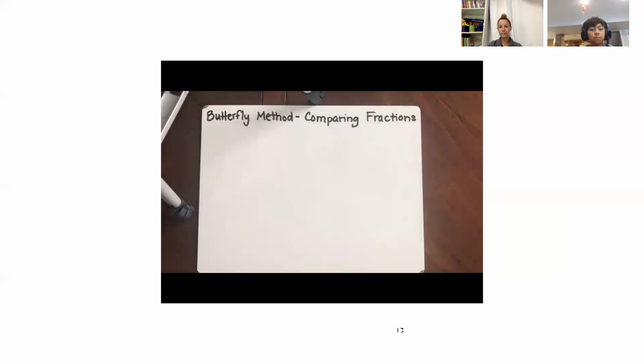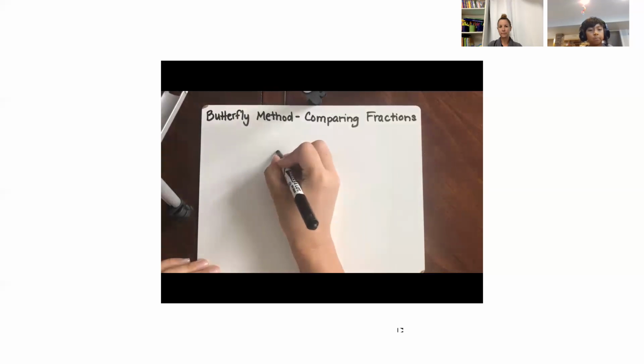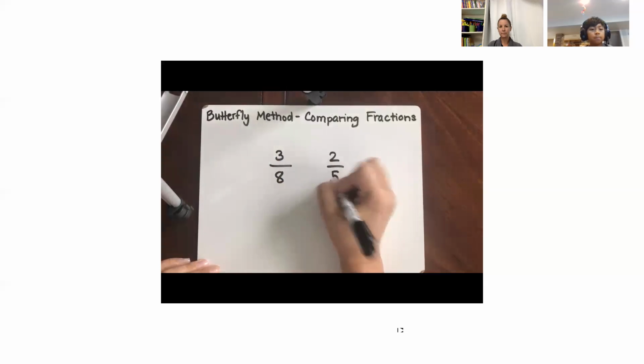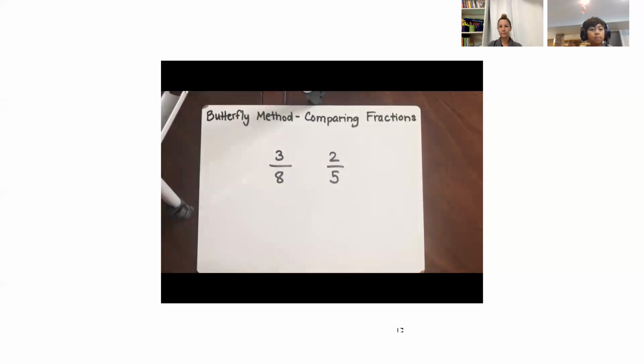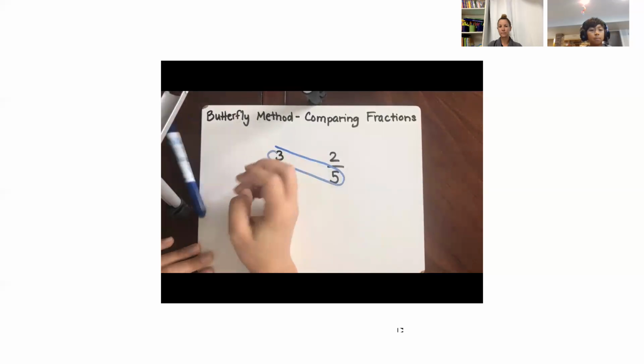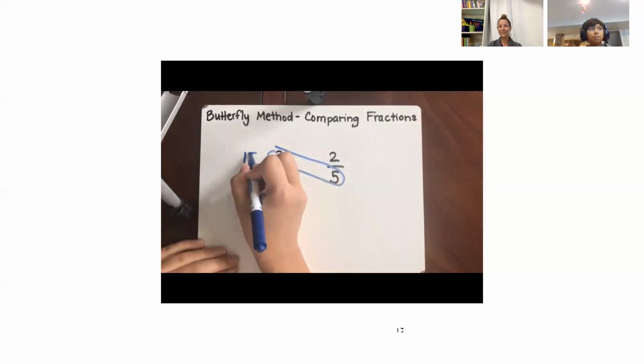Let's say I have 3/8 and 2/5. And I want to know which is greater, which is smaller. Well, if I'm comparing them to half, I know 3/8 and 2/5 are both less than half, and they're pretty close in size. So now I can use the butterfly method to see which is greater and which is smaller. I'm going to cross multiply, starting with the numerator. 3 times 5 is 15.